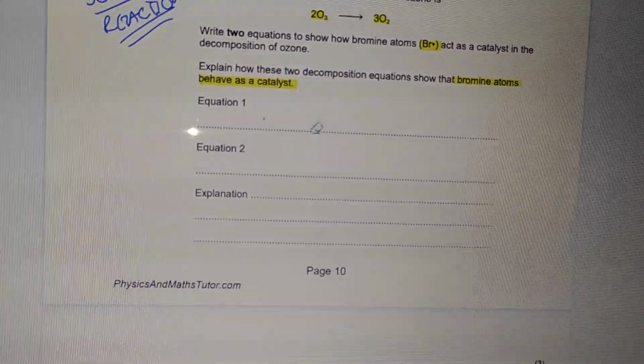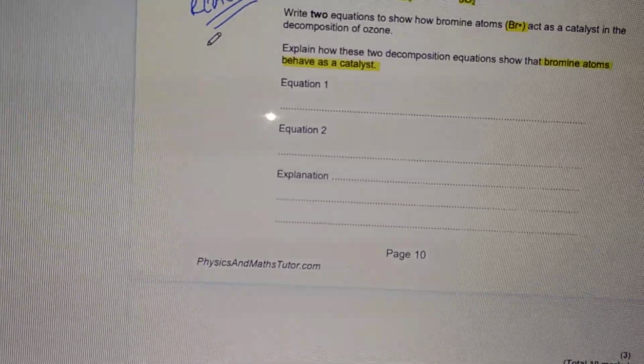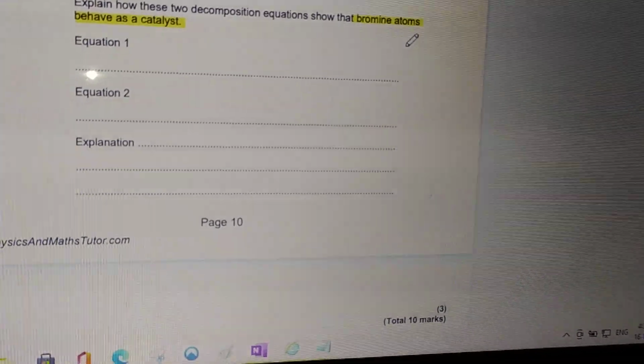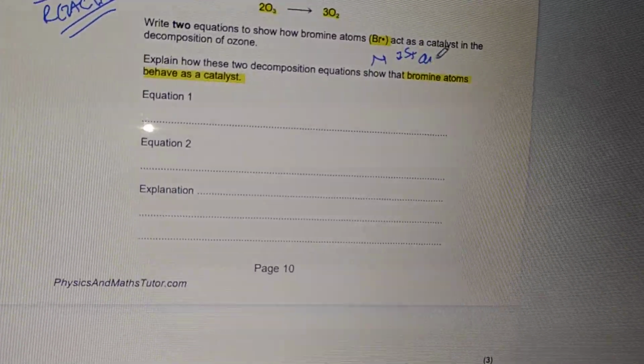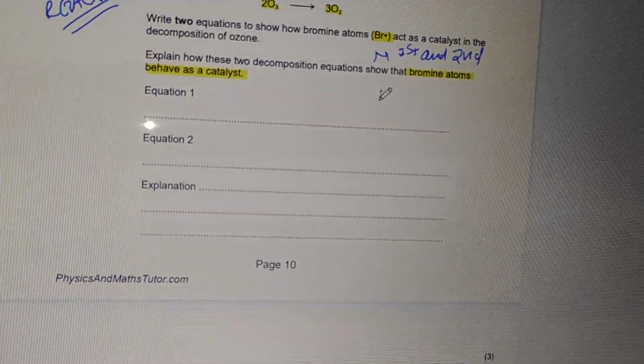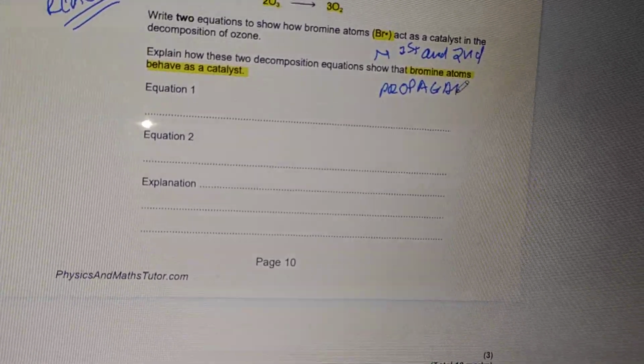They're going to ask you the main processes, which are the 2 propagation processes. In this case, how bromine atoms, you're going to start with the first and the second propagation steps. They're going to ask you that, so you have to be ready.